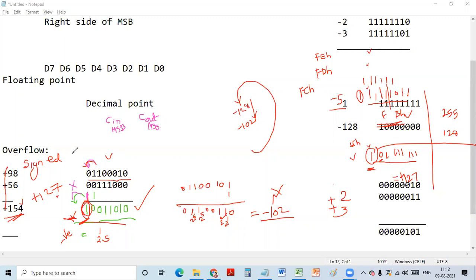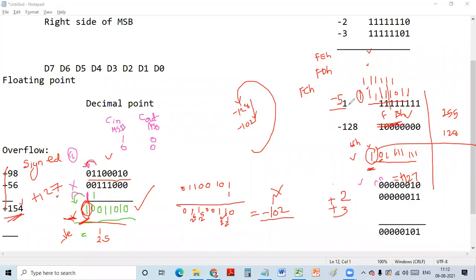In the first case, there is a carry into MSB, but there is no carry out of MSB. And in the second case, there is no carry into MSB and there is no carry out of MSB. So both are 0, 0.